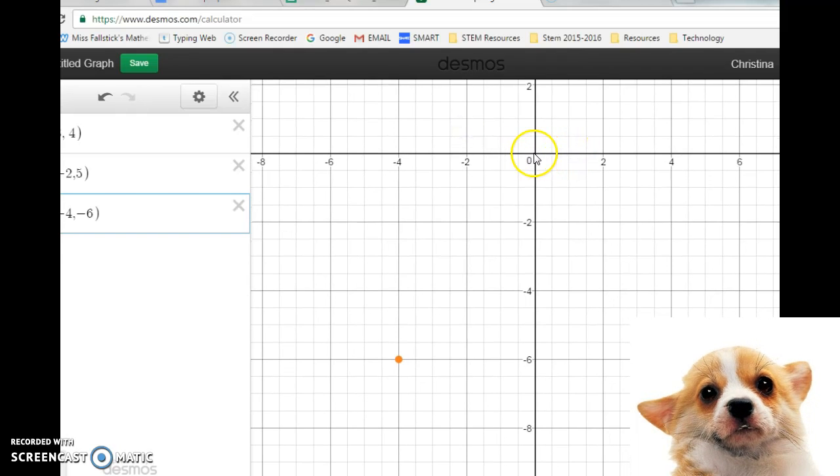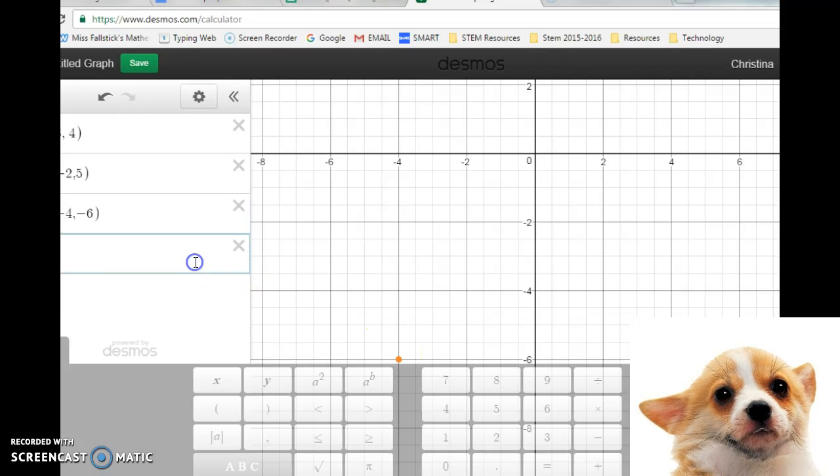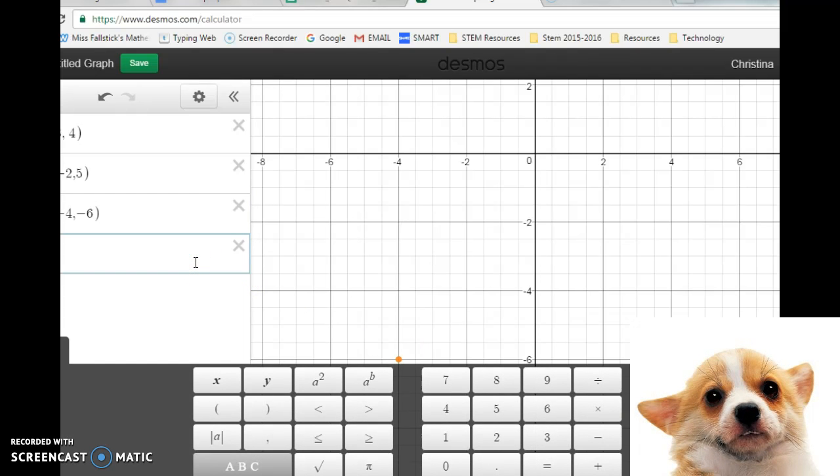Take a look at my graph. Again, I'm going to start at my origin. I'm going to go left, -4, and I'm going to go down, -6, and graph my point. Then the last one, I'm going to put in the fourth quadrant.